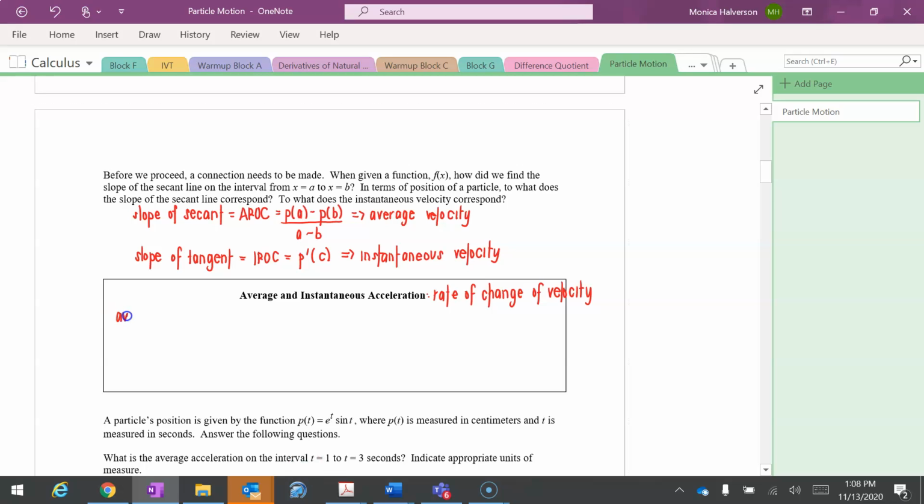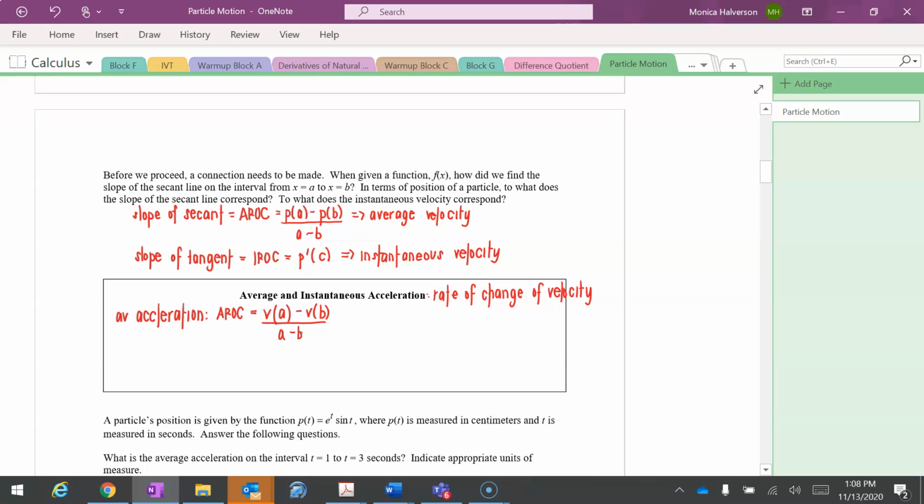So the average acceleration, which right away you should say, okay, well, we're talking about AROC here, is equal to V of A minus V of B all over A minus B.